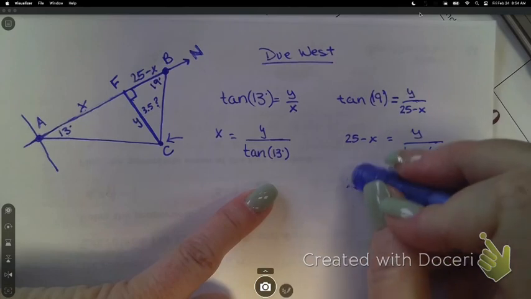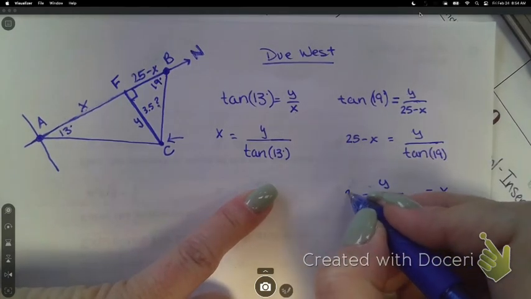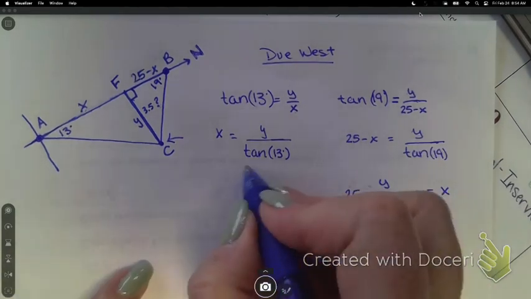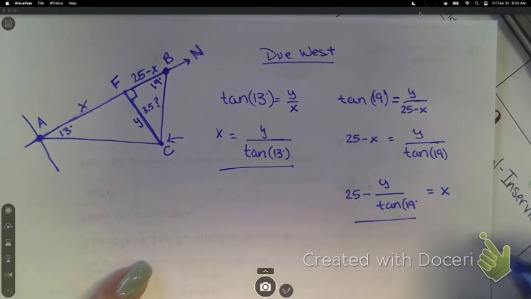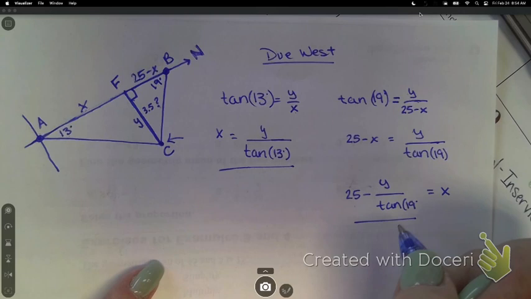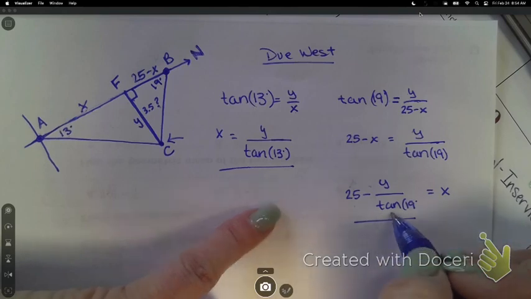Now, none of it is pretty, correct? This is like not pretty to me. How about you? No. But did we do the math that we know, and we're just going to have to deal with it, right? So that since this equals x and this equals x, they are now equal to what? Each other. Now, I think probably over here we should get common denominators before we do anything. Don't you? Yeah. So the common denominator is going to be tangent of 19.